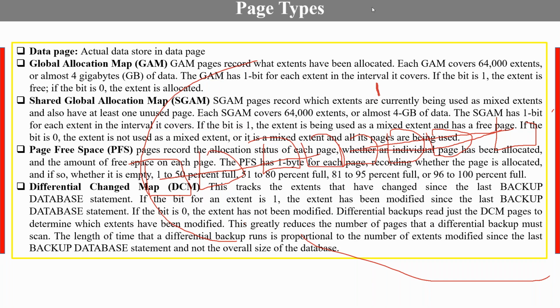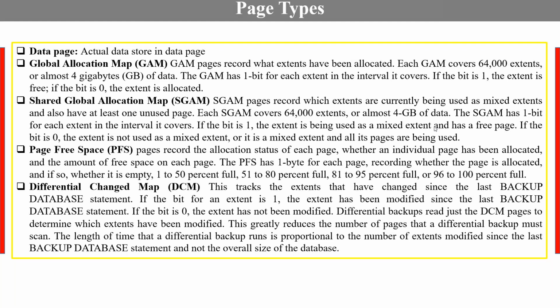It is also maintained as one bit value, sir. Again, all these are information. If the bit is 1, the extent is being used as a mixed extent and has free space. SQL Server thinks that this is a mixed extent and has some free pages.